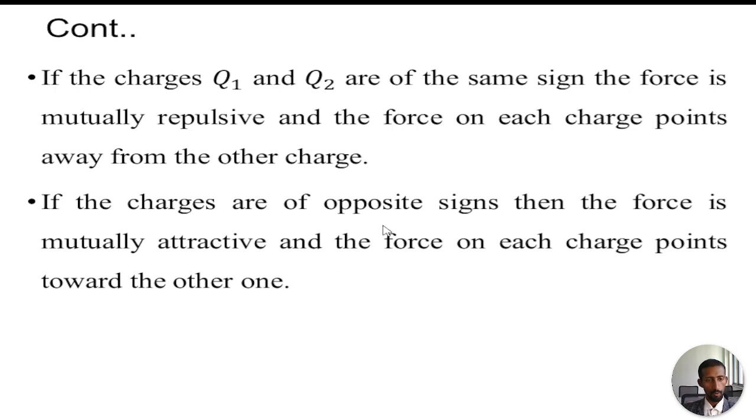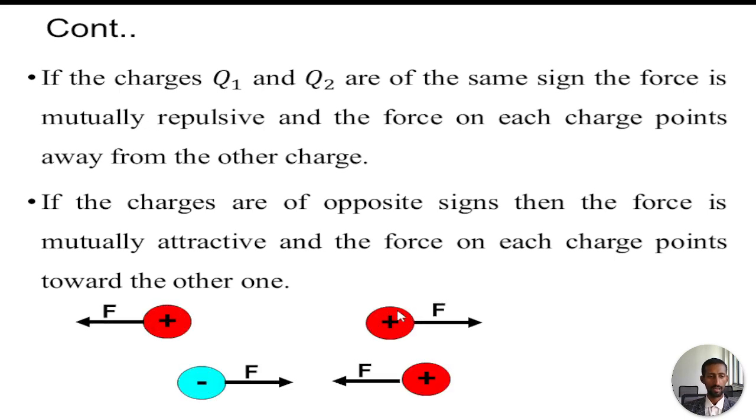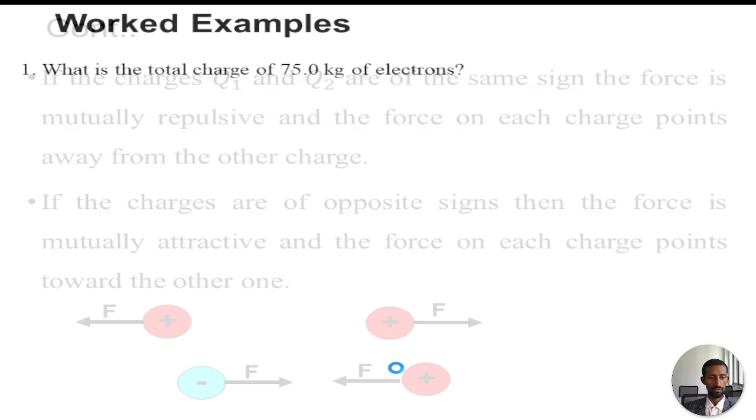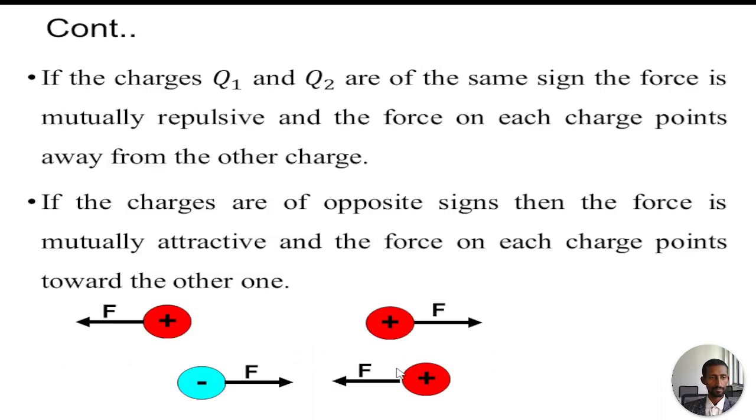If the charges are of opposite sign, then the force is mutually attractive and the force on each charge points towards the other one. As you can see here, this negative and this positive charge are opposite to each other. The force is attractive, so towards each other.